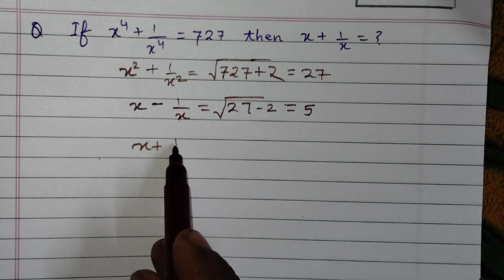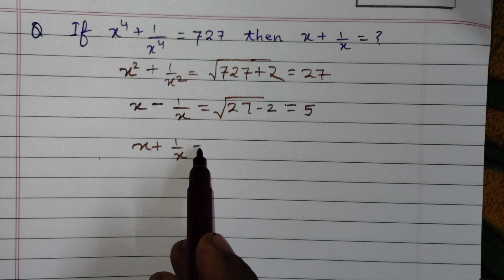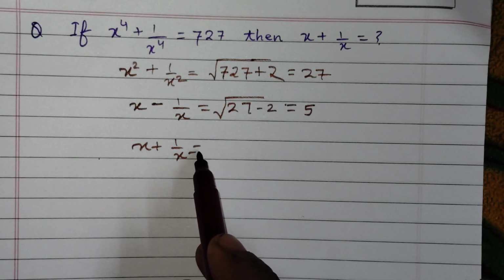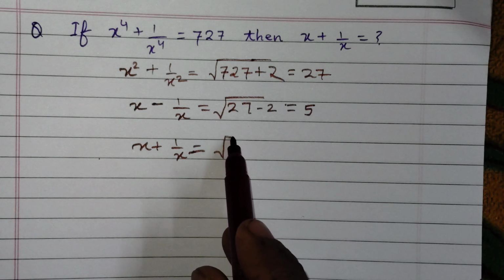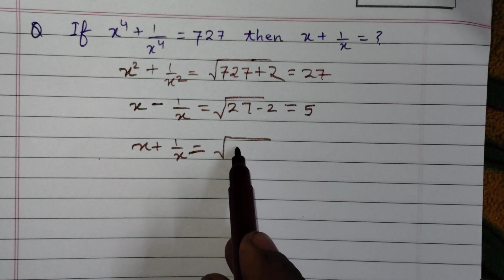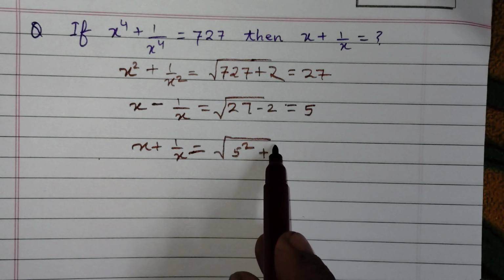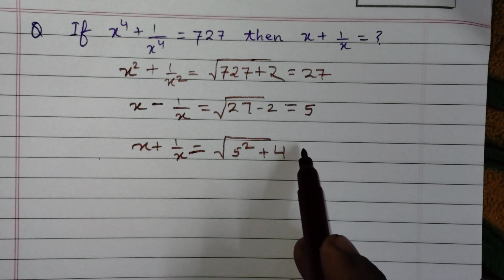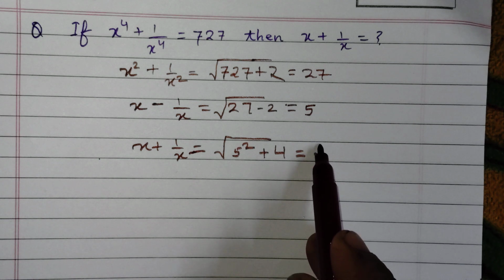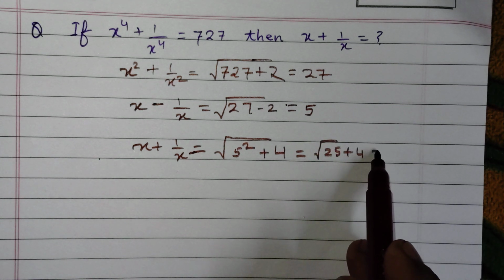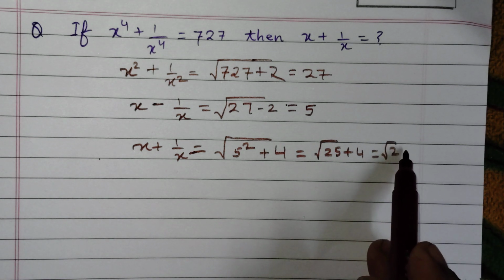Its identity we use here: square root of this number squared, then the opposite sign, so 4. This is the trick. So square root 25 plus 4, 29. Square root 29 is the answer.